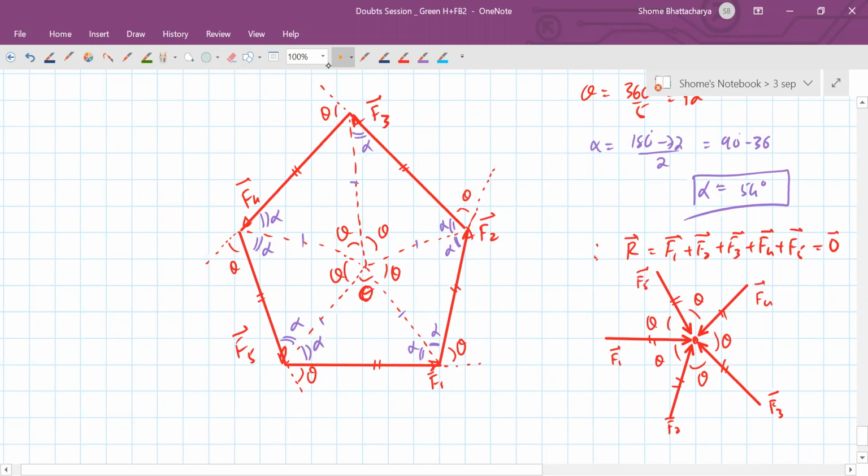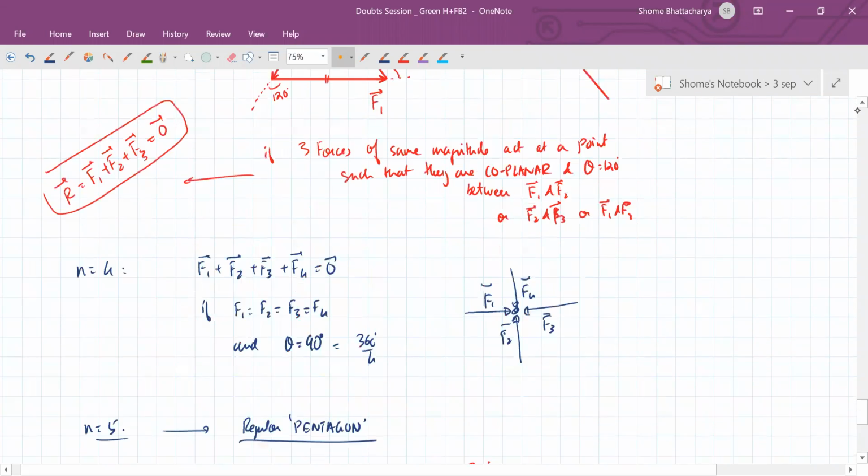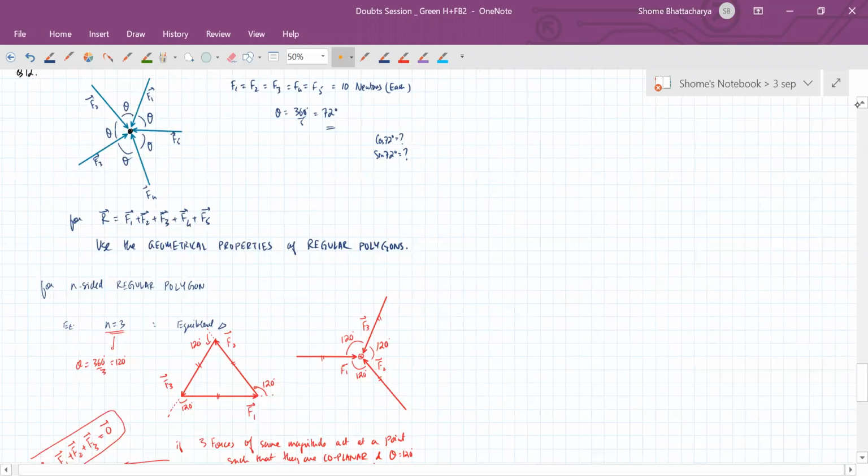Okay. So the answer here will become that the resultant is 0.